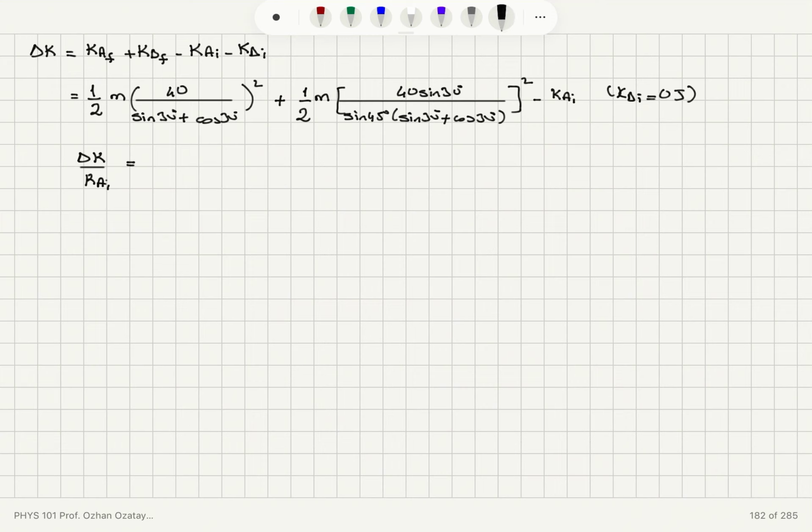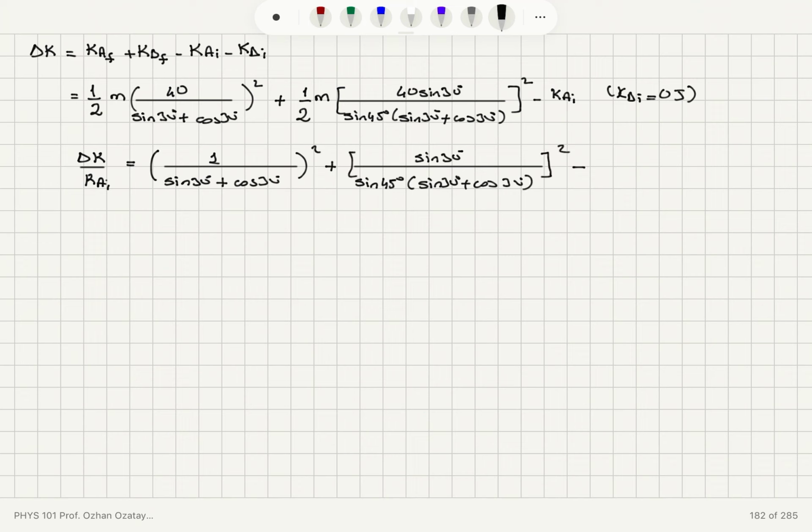We're going to have 1 over (sine 30 plus cosine 30) squared plus sine 30 divided by sine 45 (sine 30 plus cosine 30) squared, and also dividing the initial kinetic energy term, we obtain 1.